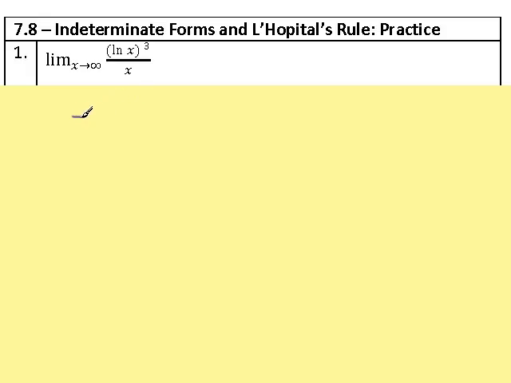We'll write that it's an infinity over infinity limit, so therefore we're going to use L'Hopital's rule. So it's equal to the limit as x goes to infinity of the derivative of the numerator, we'll use the chain rule here, over the derivative of the denominator, which is 1.